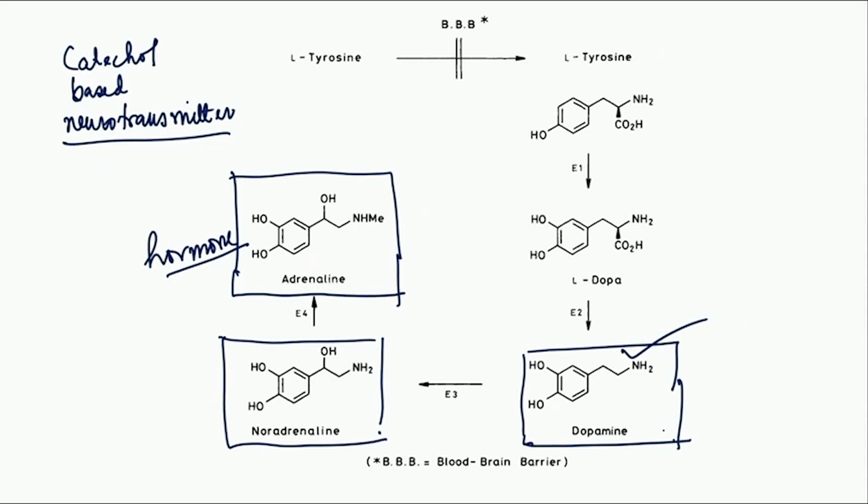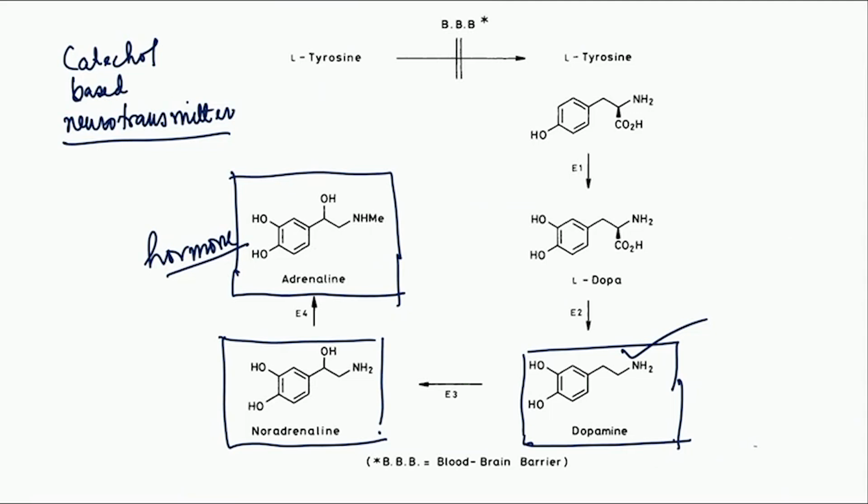Once you know the biosynthesis, then there is a question of intervening in the process of production or destruction of these neurotransmitters. Because the disease is basically a disbalance between the destruction and the formation.